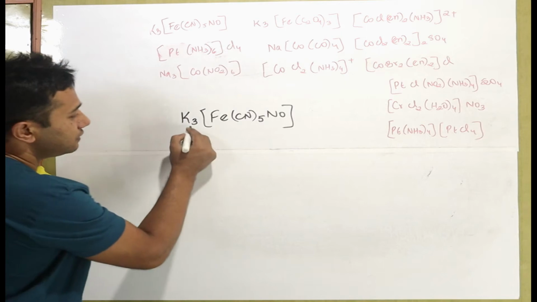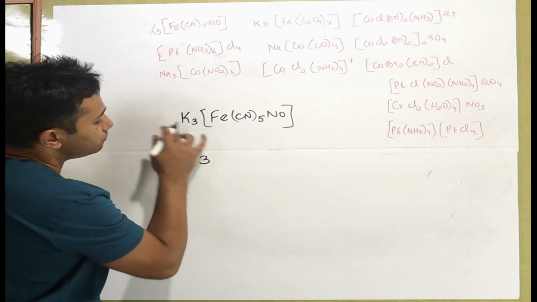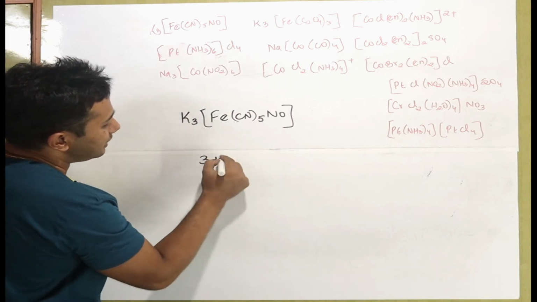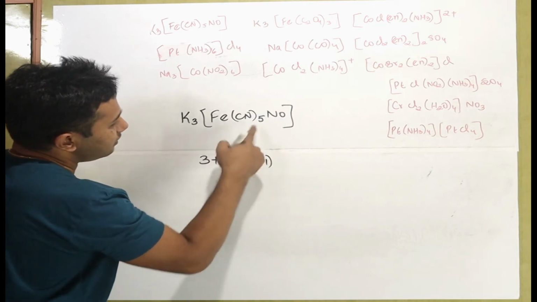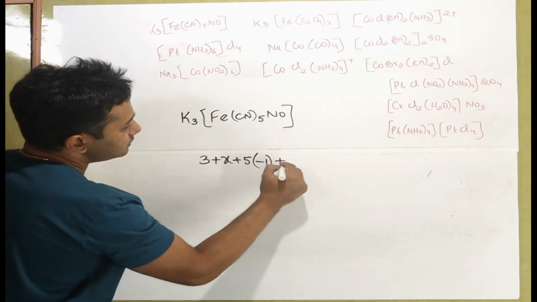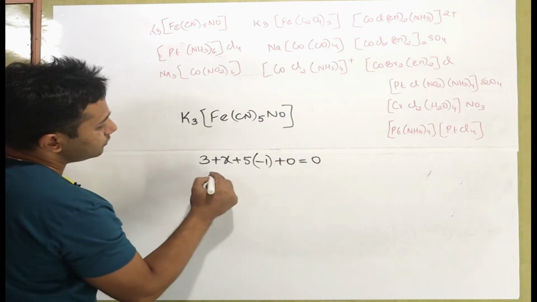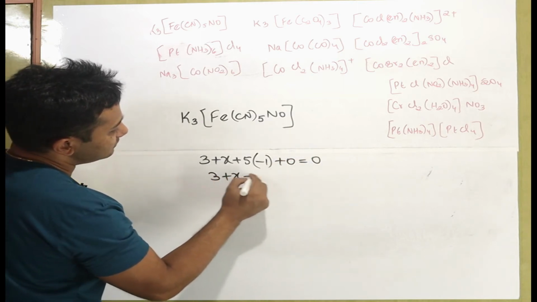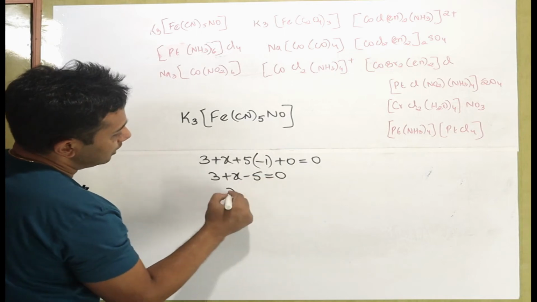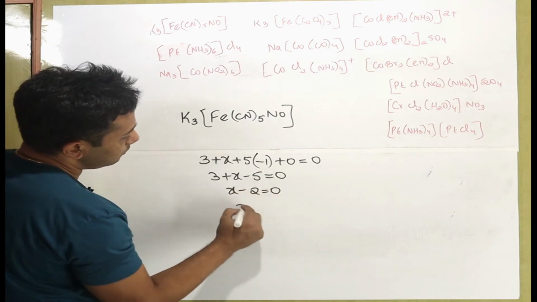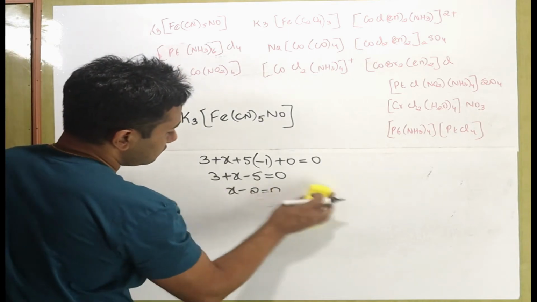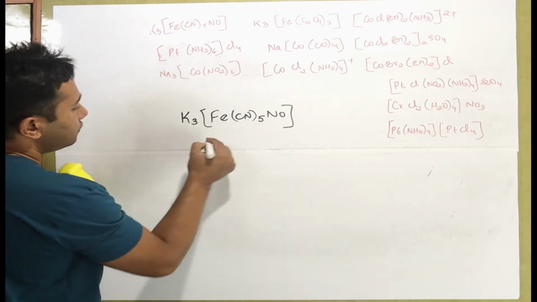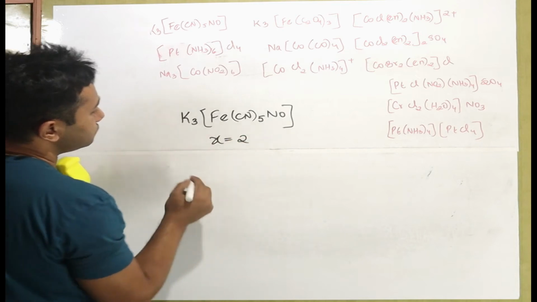We have 3 potassium, 3 into plus 1 is 3, plus X, plus 5 cyanide at minus 1 each, and NO is 0. So 3 plus X minus 5 equals 0, X minus 2 equals 0, X is equal to 2.